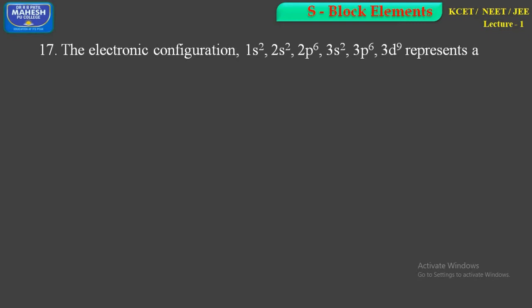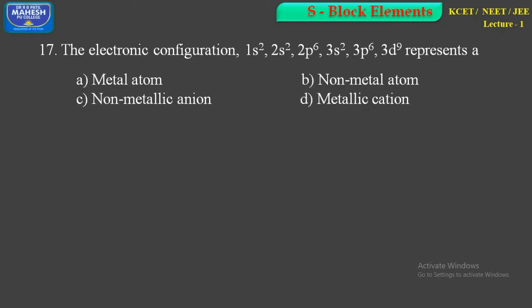Question 17. The electronic configuration 1s2, 2s2, 2p6, 3s2, 3p6, 3d9 represents a option A, metal atom. Option B, non-metal atom. Option C, non-metallic anion. And option D, metallic cation.